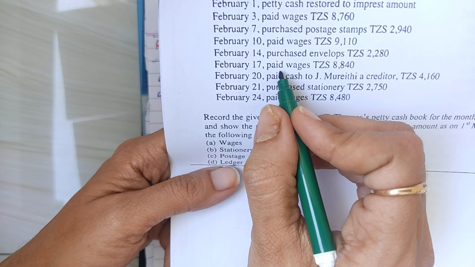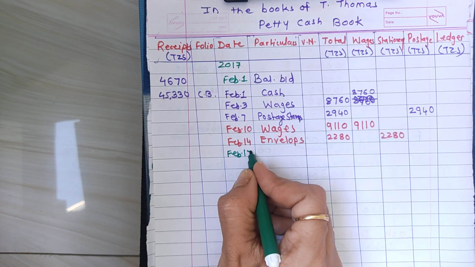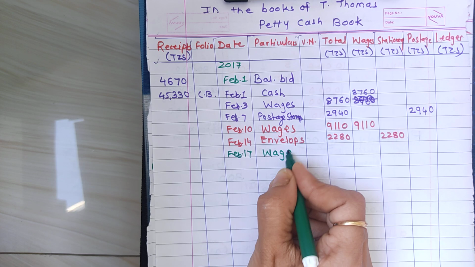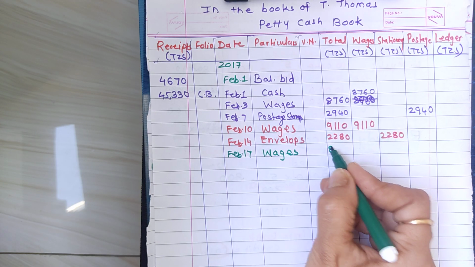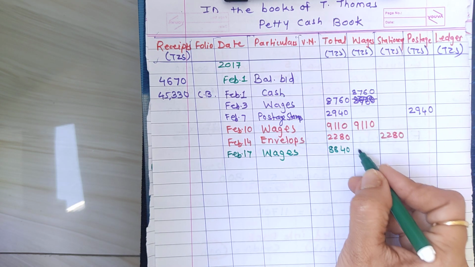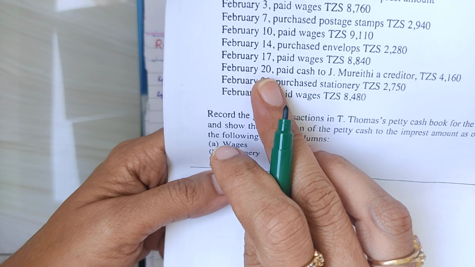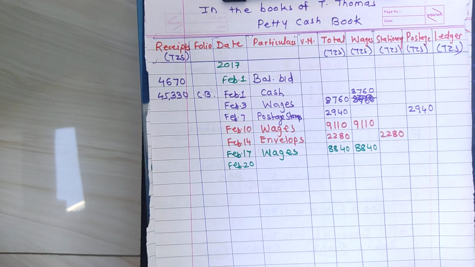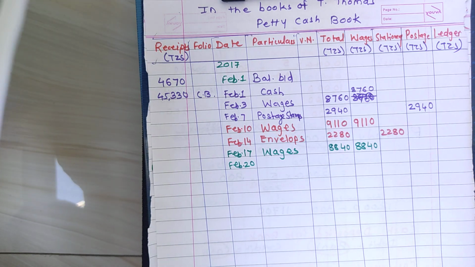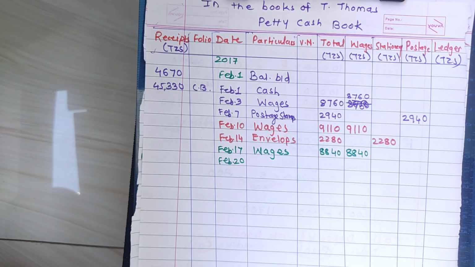Next, paid wages on Feb 17, 8840. Write down in wages. See students, solve together with me for practice, or you can just see the video and then you can solve without looking into the video and then you can cross check your answer.